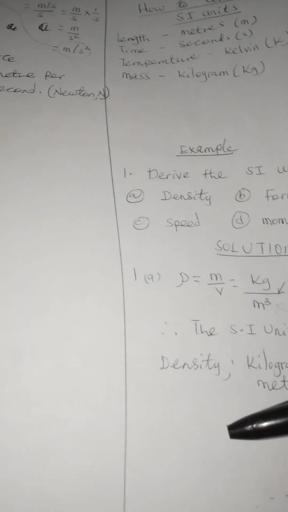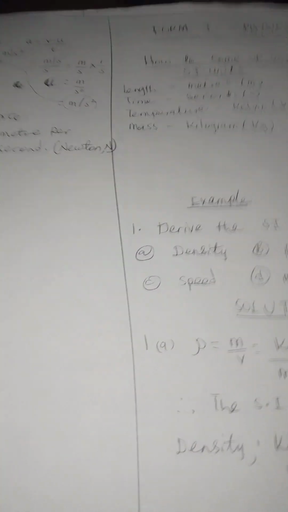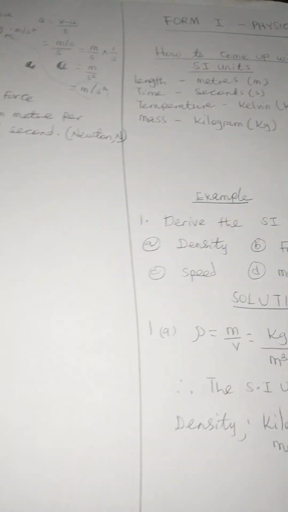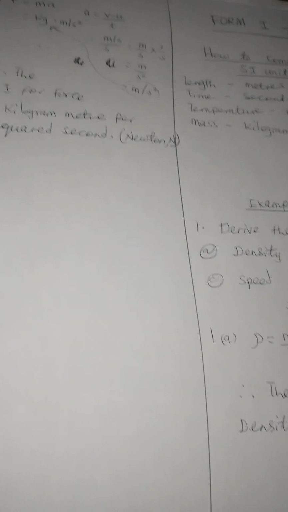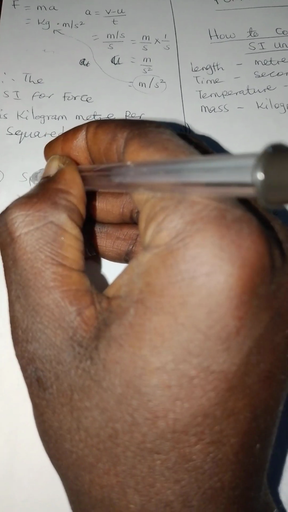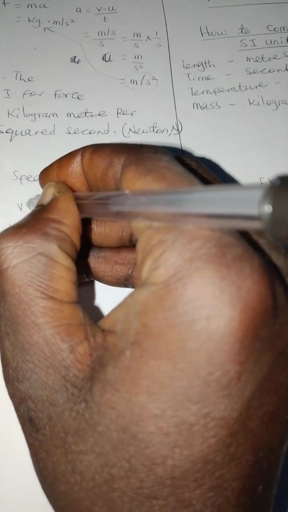Now what about speed? Now let's look at speed. That will be our C. So speed, we know speed is equal to distance divided by time.